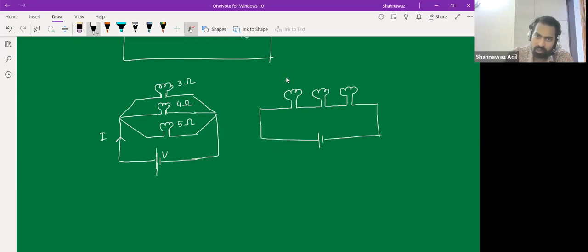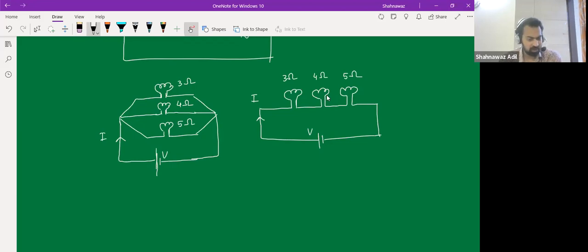This is 3 ohm, this is 4 ohm, this is 5 ohm. So this is a parallel combination, right, guys? And this is a series combination, right?